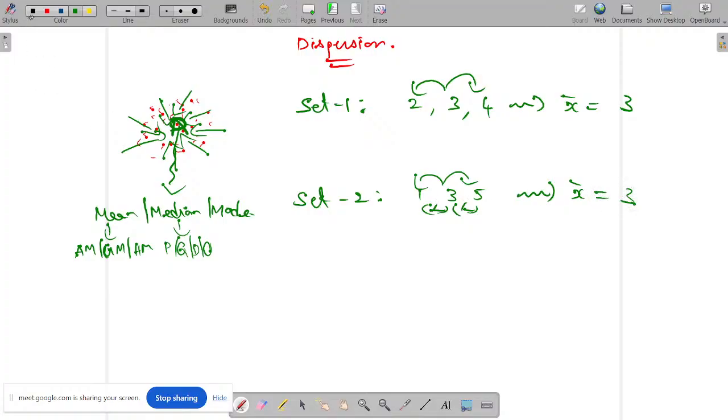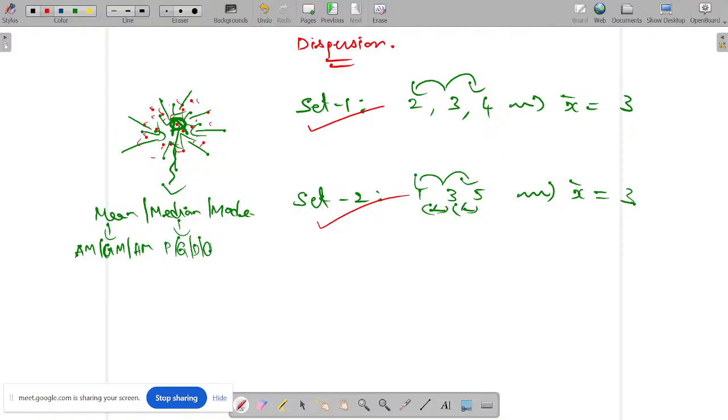Now tell me whether set 1 is better or set 2 is better. If I'm given hundreds of values, thousands of values, lakhs of values, sometimes I cannot count how many values I have. So I want to have one representative, which is the mean value, median value, or mode value. That's the average.